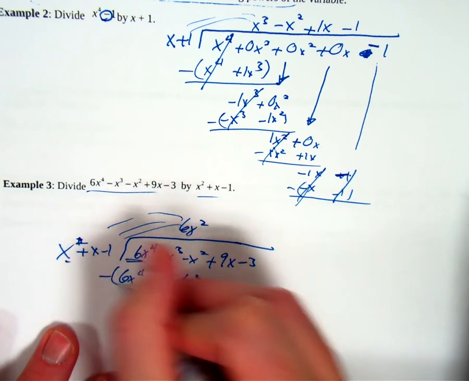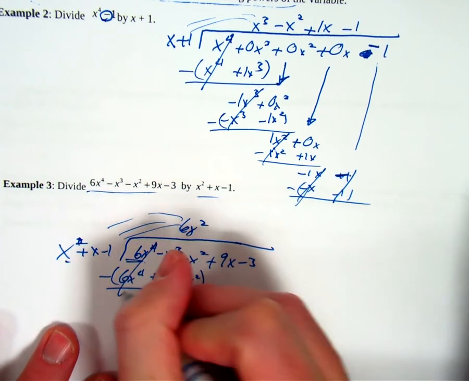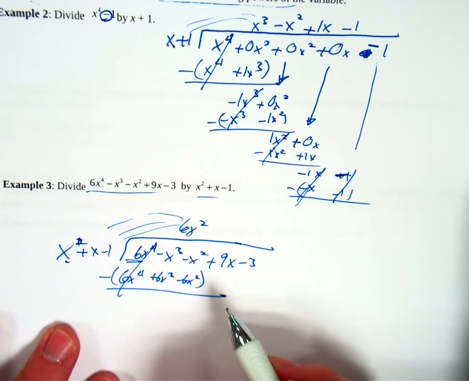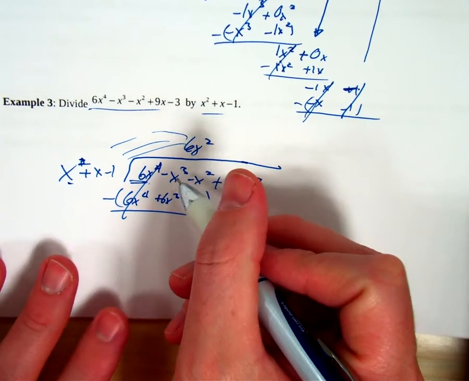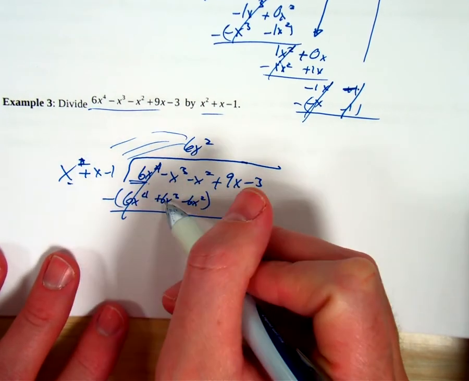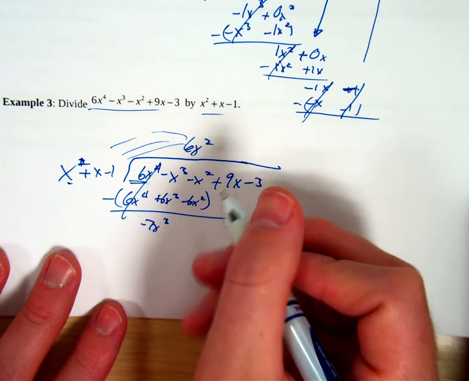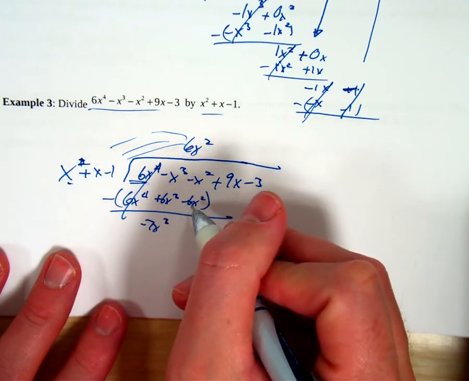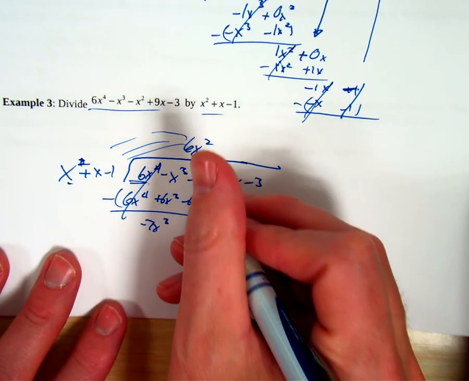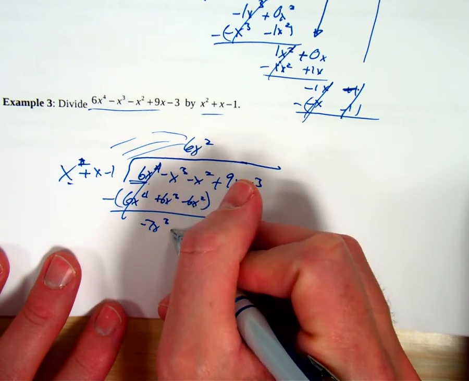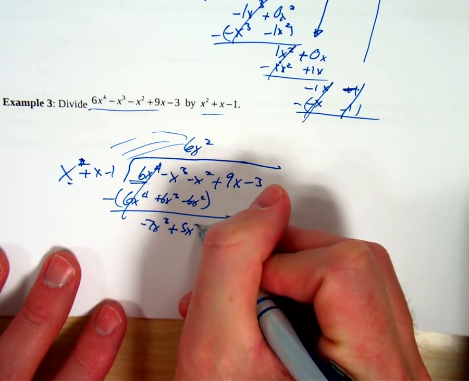Subtract down. Front one should cancel. If that doesn't cancel, you did something wrong. -1 minus 6 more makes that a -7x to the 3rd. -1 minus negative, so plus 6x squared. -1 plus 6 plus 5x squared.